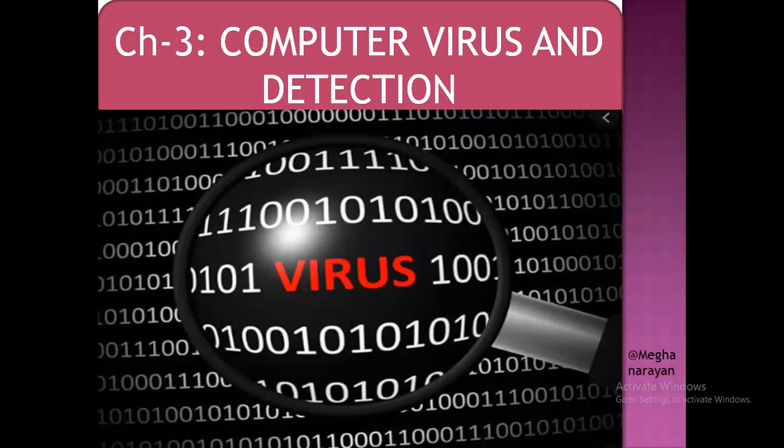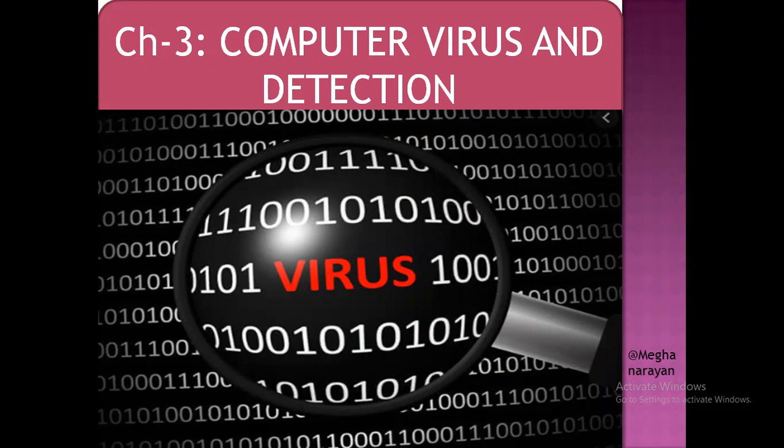Name of the chapter is Computer Virus and Detection. If you are thinking that in this chapter we would be learning about the most interesting and a secret sort of a topic like virus, you're all correct.